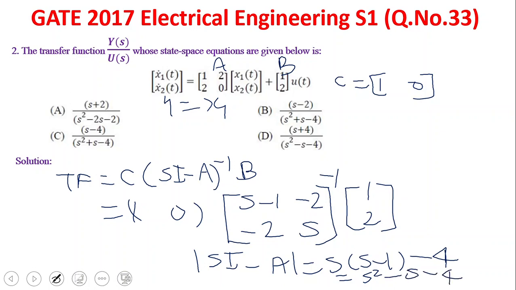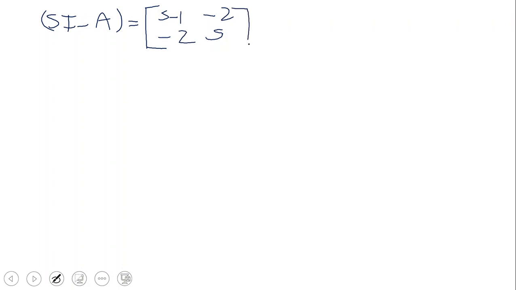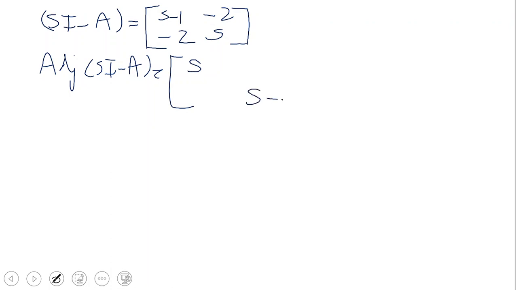So now we know the determinant of sI minus A, and we have to find (sI minus A) inverse. To find the adjoint of sI minus A, it is very simple: just interchange the diagonal elements and change the signs of the off-diagonal elements.